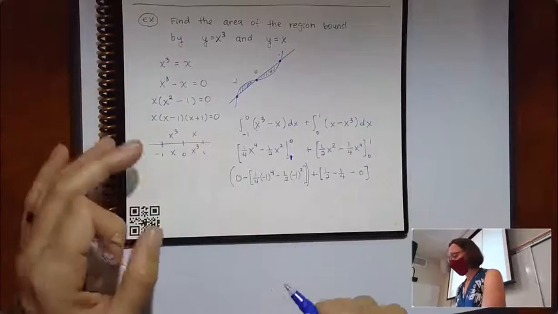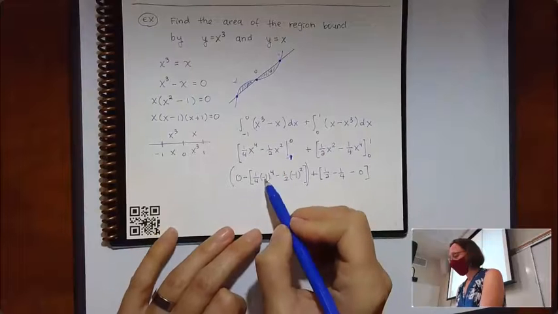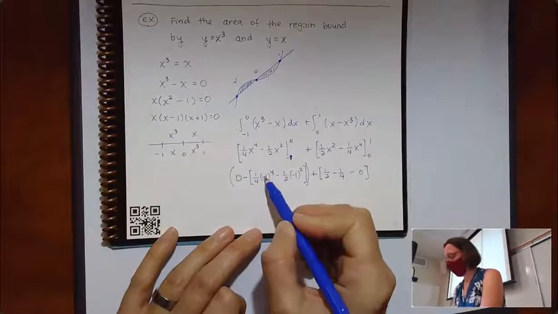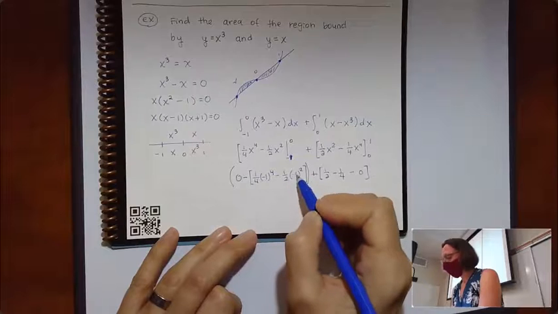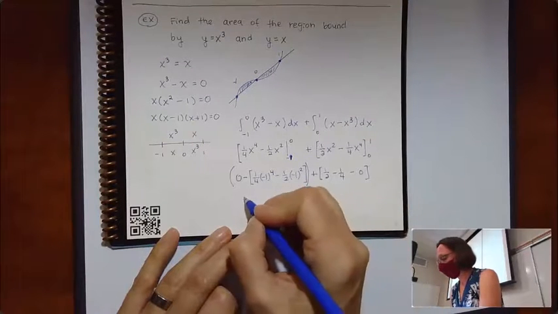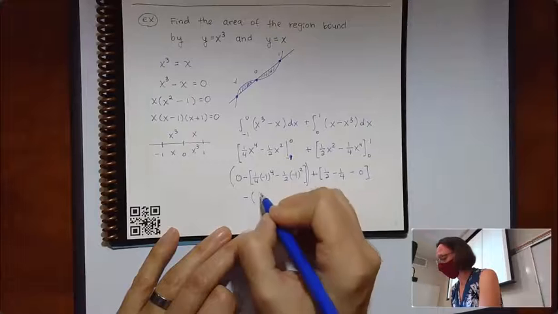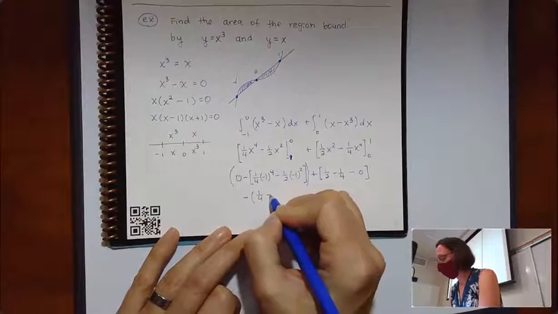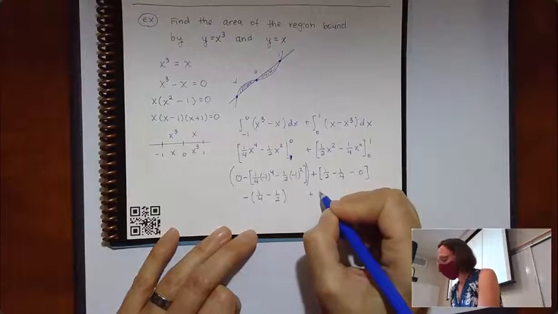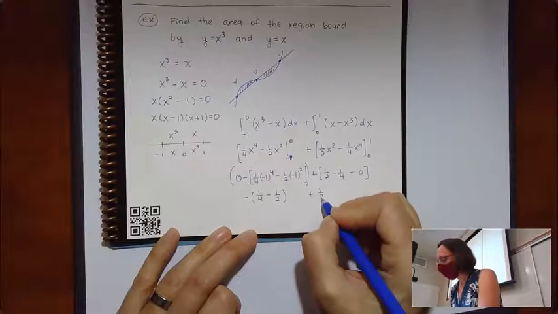If I were to go through and clean this up, -1 to the 4th leaves me with a positive. -1 squared also gives me a positive. So I've got minus, and then in parentheses, 1/4 minus 1/2, plus, and then over here I can get rid of those parentheses.